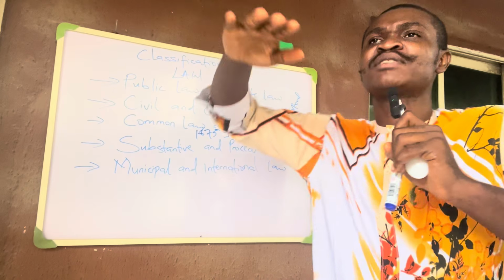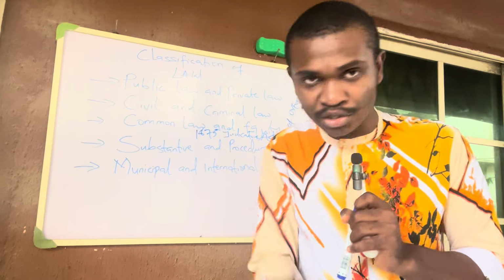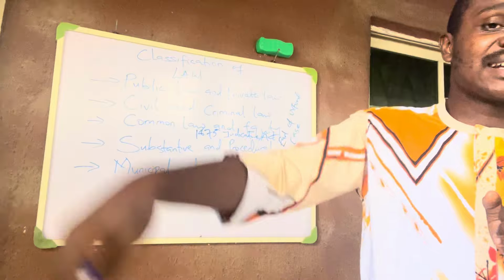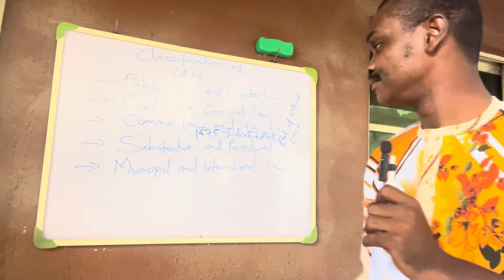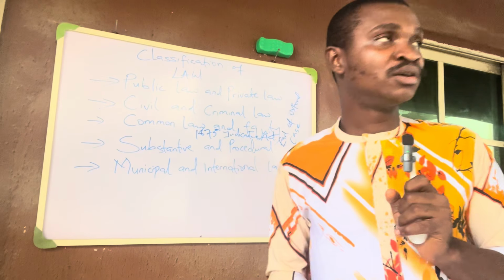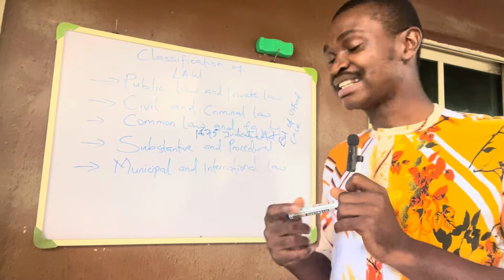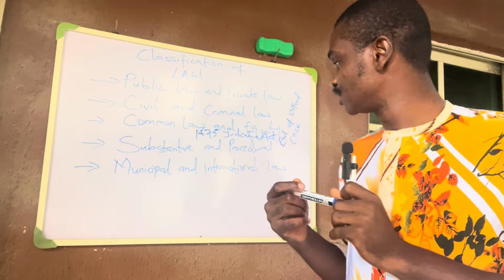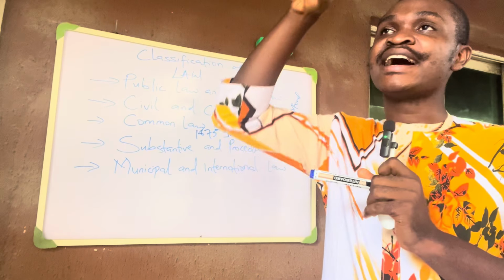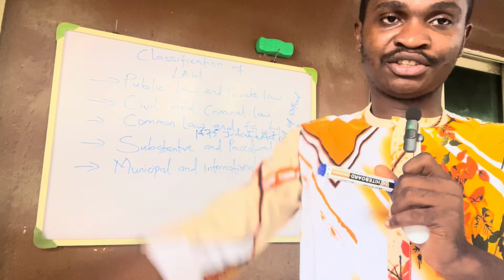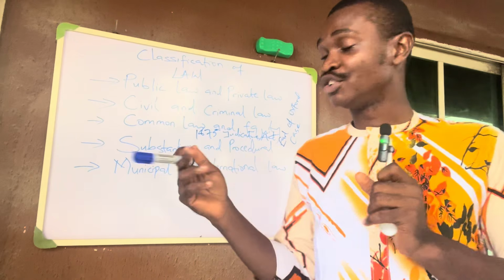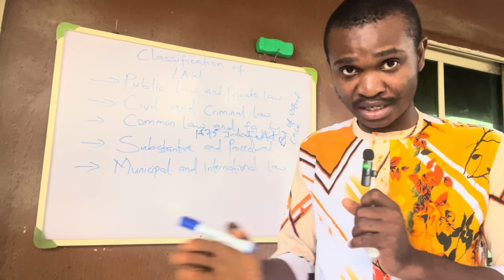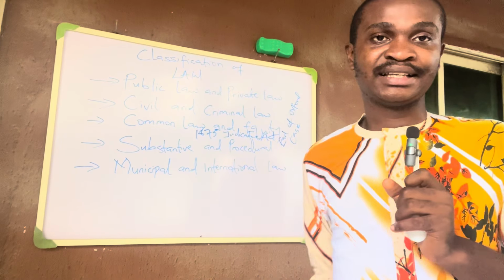Now, municipal and international law. Municipal law is the same thing as domestic law. Laws that are made for Nigerians that guide us within our country. While international law is laws that guide two countries, or a country and international organizations.